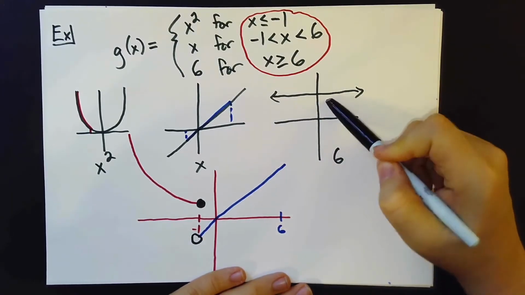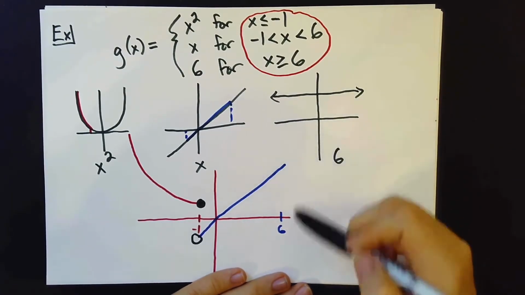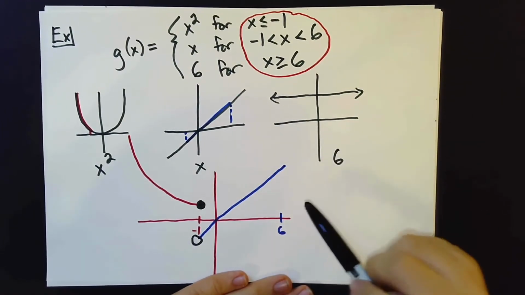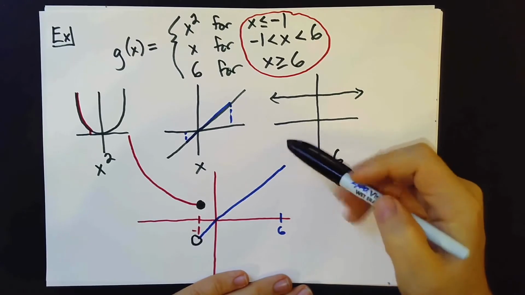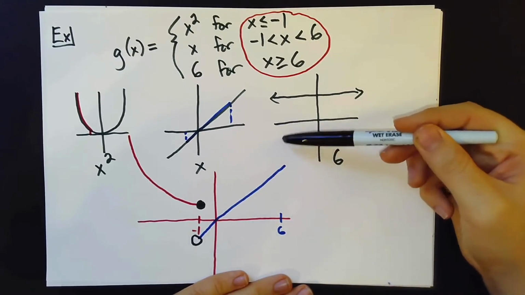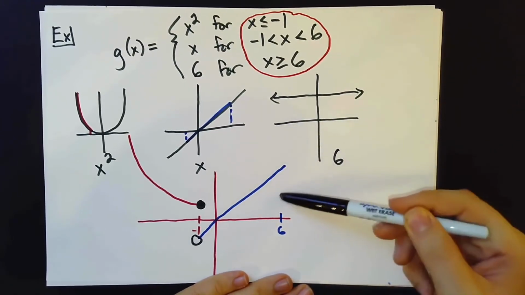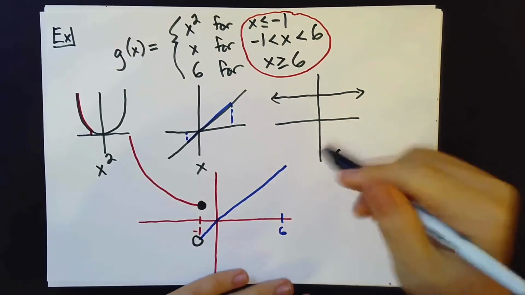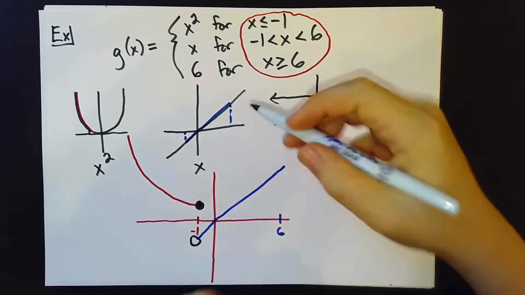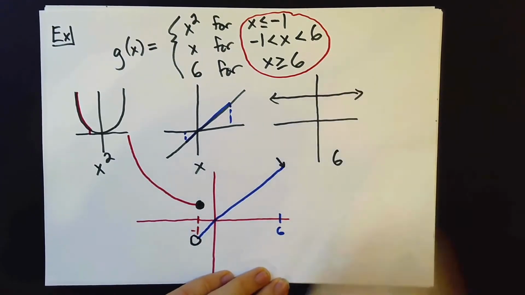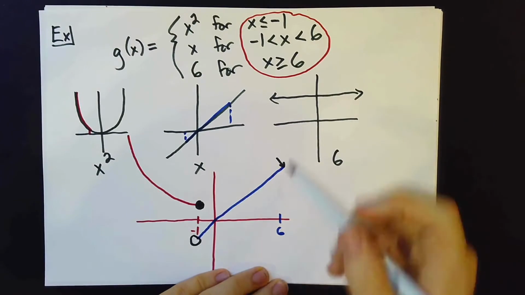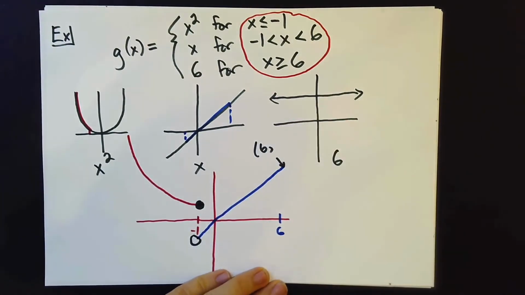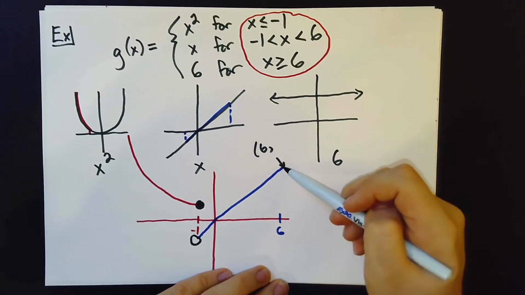Last piece here is the graph of 6, which I'm supposed to use from here on. And I have to take a second to think about whether 6 is above this point. That is, should the line start up here, or below it? Should the line start down here? And so to do that, I want to look at what this point actually is. That is, at the end of the blue line, I have an x-coordinate of 6. What's the y-coordinate?